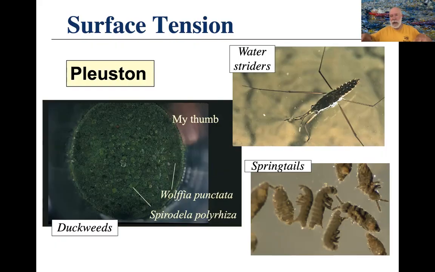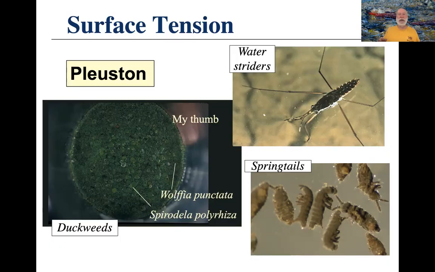And they're searching for prey items that fall into the water and get trapped in the surface tension. So they move around very readily on the water, but lots of other flies and so on will fall into the water and get trapped in that surface tension. And the water strider will rush over on those hydrophobic legs, and then it will use its front pair of legs. They're insects, so they've got 3 pairs of legs, so they move around on the back 2 pairs, and the front pair operate almost like claws, and they'll grasp their prey with the front pair of legs.